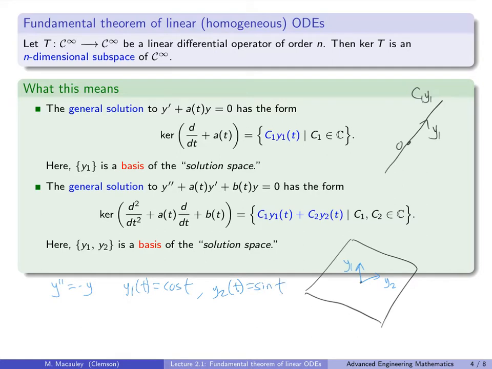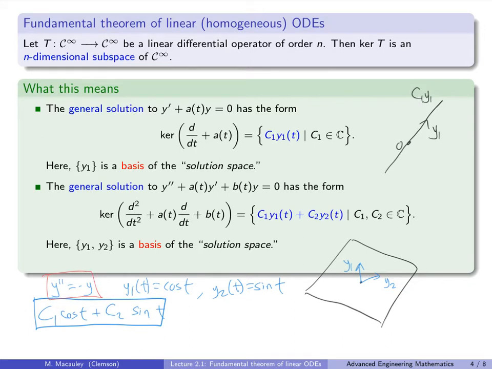Well, that means that the general solution is of the form c1 cosine of t plus c2 sine of t. So this is the two-dimensional subspace of all solutions to this ODE right here.